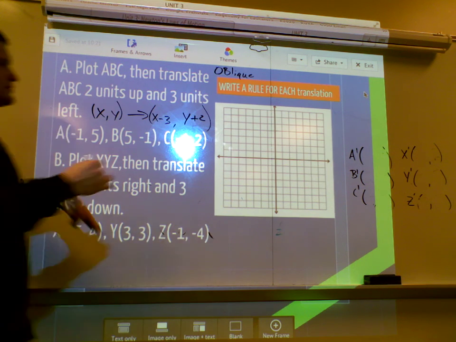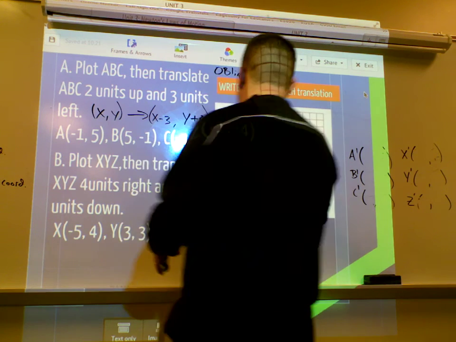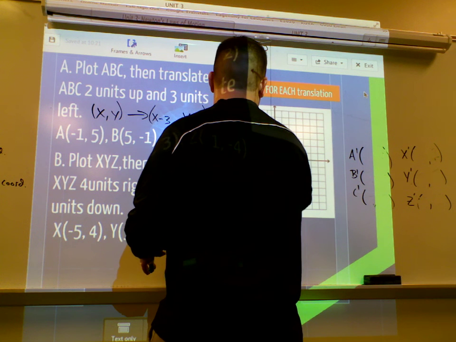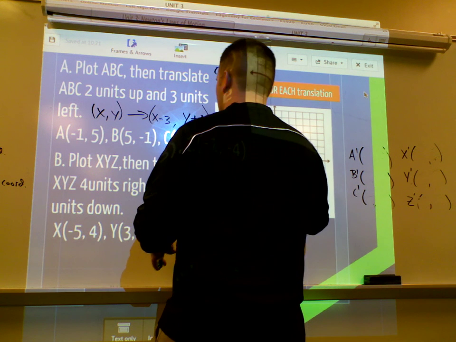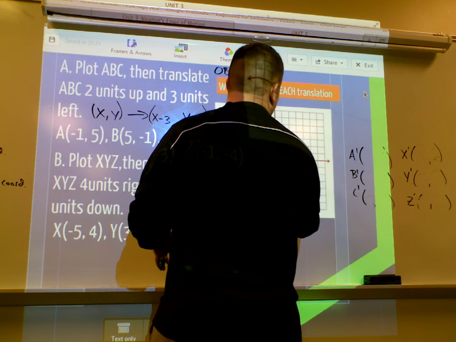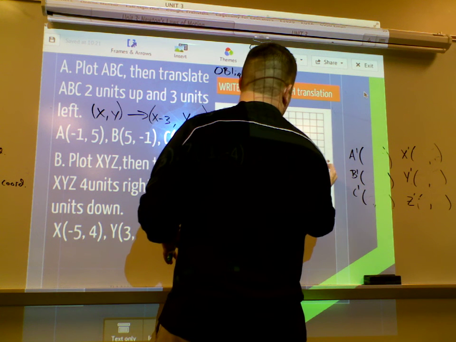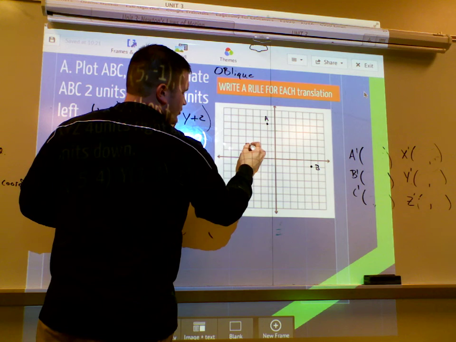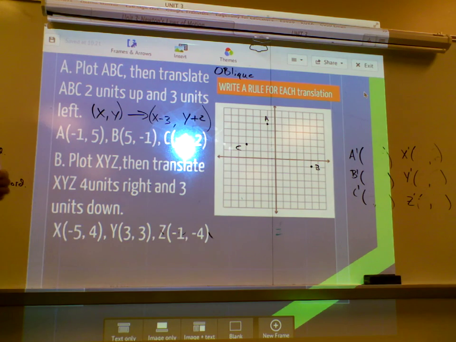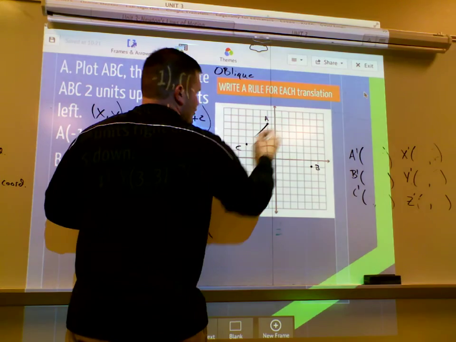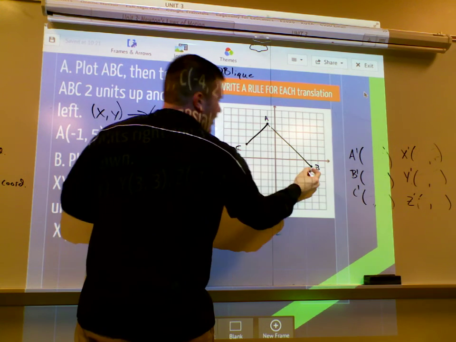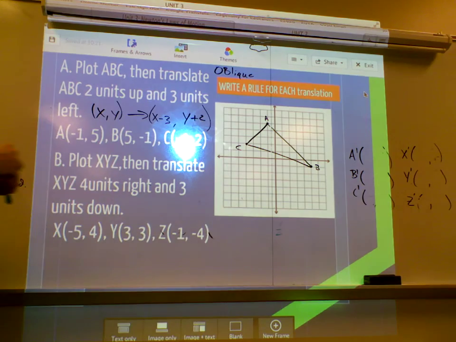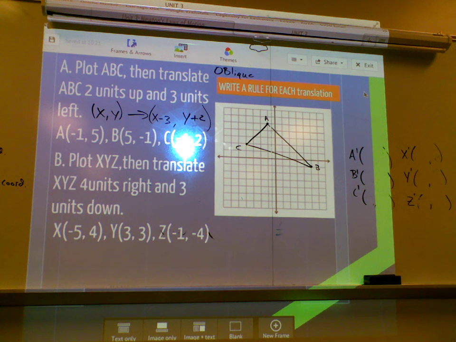So I take these points, negative 1, 5, 5, negative 1, and take graph C correctly this time. Negative 4, 2. How'd I do? Good. So I'm taking this figure and we are moving it left and up.